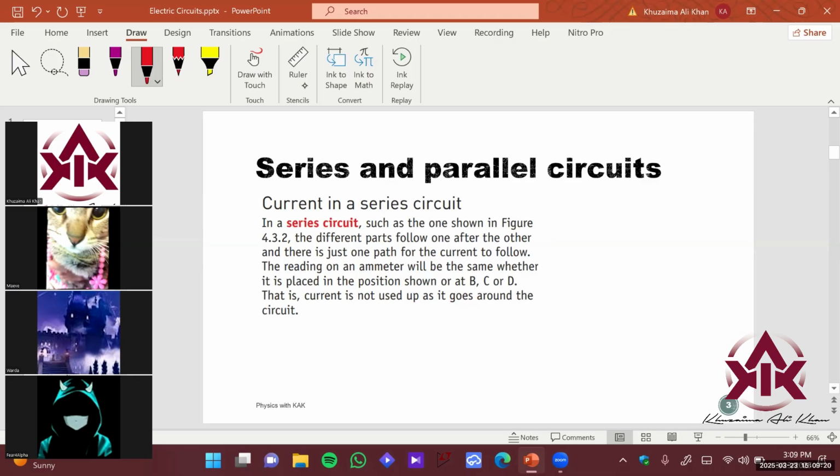Let's say I have a battery, a lamp, and a resistor. How would I connect them in series? Anyone, any idea? How would you arrange the components in series?